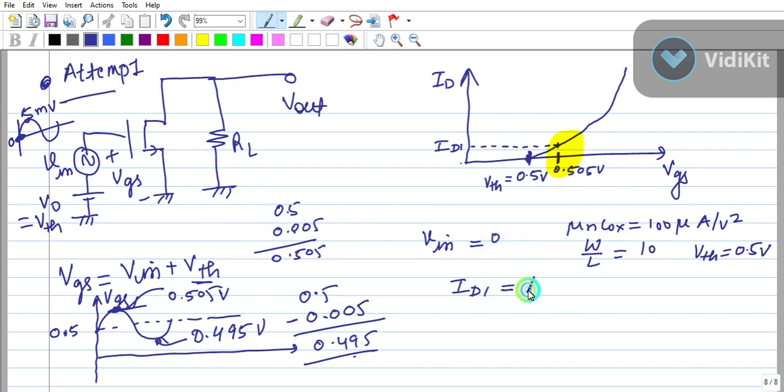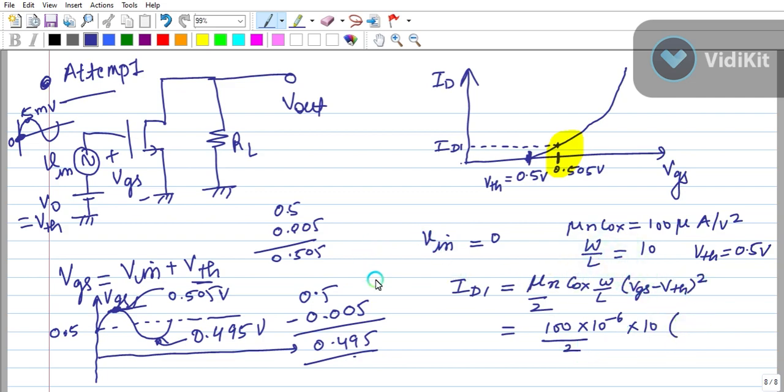According to the saturation equation, ID equals mu n Cox W by L divided by 2 times VGS minus VTH squared. The mu n Cox is 100 micro, micro means 10 to the power minus 6, and W by L is 10, divided by 2. VGS is how much? VGS is V in plus VTH.